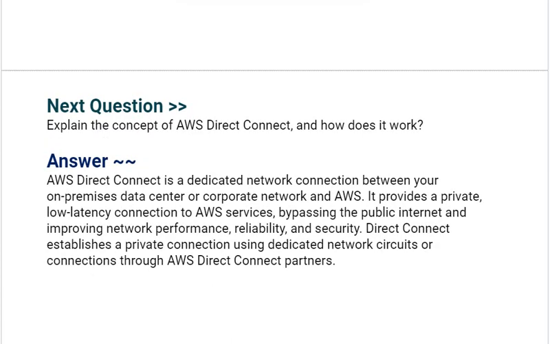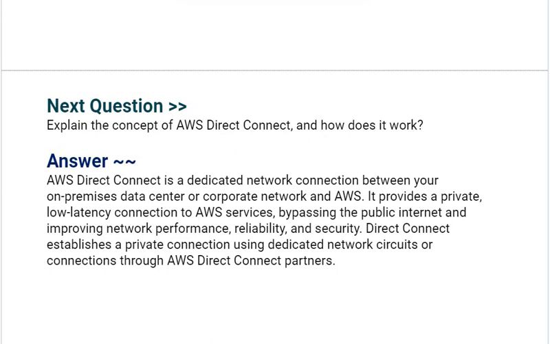Our next interview question is: explain the concept of AWS Direct Connect and how does it work? Your answer should be: AWS Direct Connect is a dedicated network connection between your on-premises data center or corporate network and AWS.